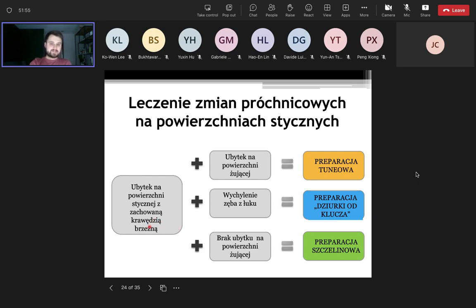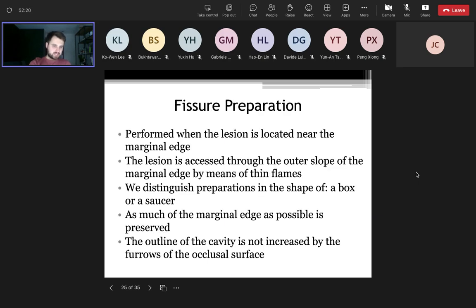And in the case of small cavities located in the proximal surfaces, when the biting surface is healthy, we can make a fissure. It is the wrong word, but really a small fissure preparation in the proximal surfaces.